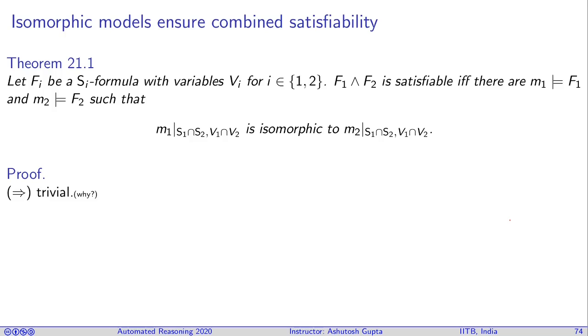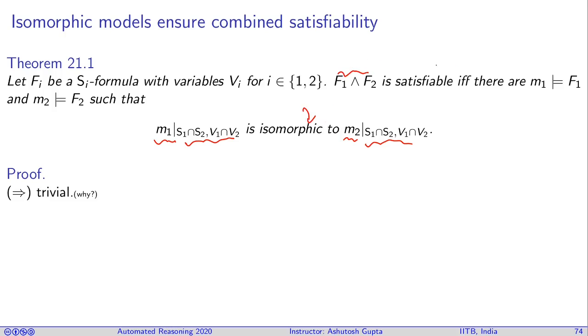Now we will look at a series of theorems. They will successively prove that if you solve formulas F1 and F2 and get the models, how you can stitch them together to obtain a model for F1 and F2, modulo certain conditions. So first, let's look at the case where you have M1 projected on the common variables and M2 also projected on the common variables, and they are isomorphic.